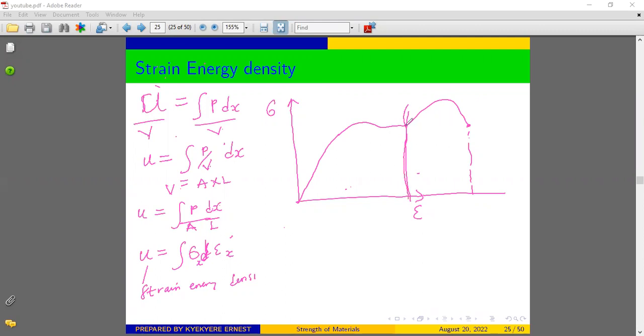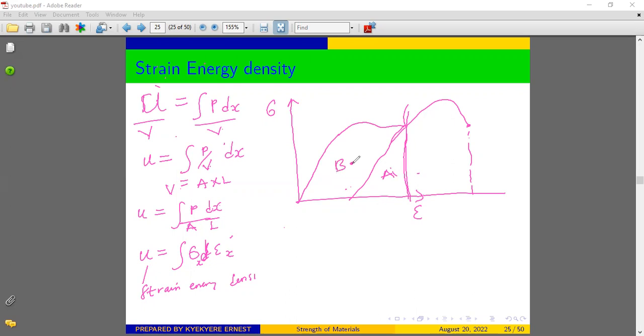Up to the point of yielding, there has been a plastic deformation. Therefore, if the load is removed from the object, we will not recover all the energy. We will only recover a small portion of the strain energy. So we can only recover this side of the strain energy.